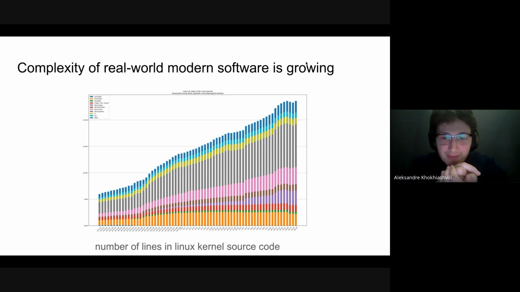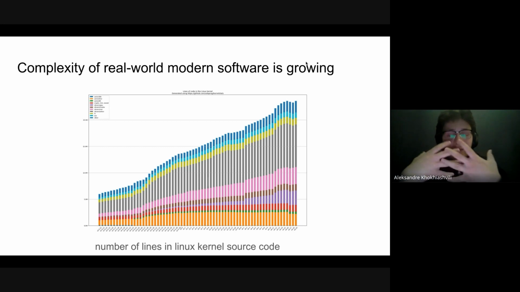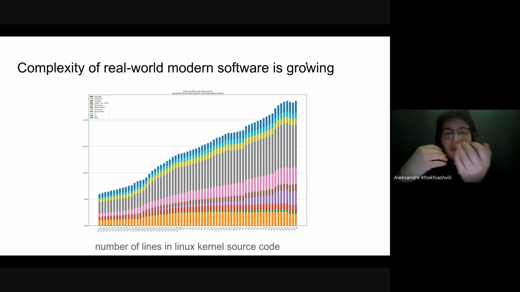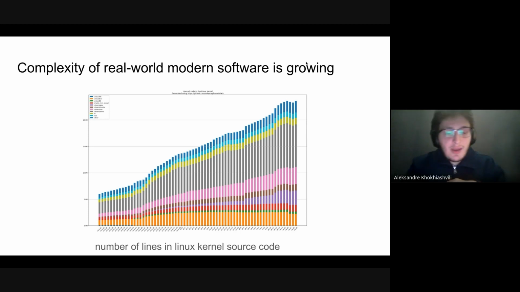And a lot of the code is also from back in the 2000s or so. And this complexity is not just in the Linux kernel. If you look at any program that you use today, like browsers, messengers, any closed source programs, they are growing in complexity, and reversing them is getting harder and harder.